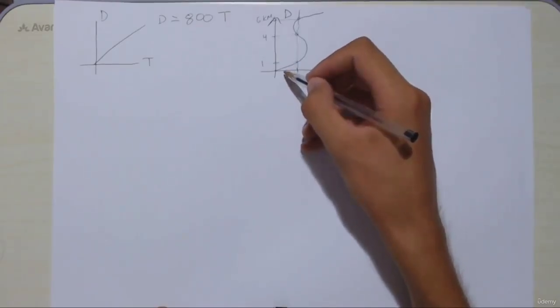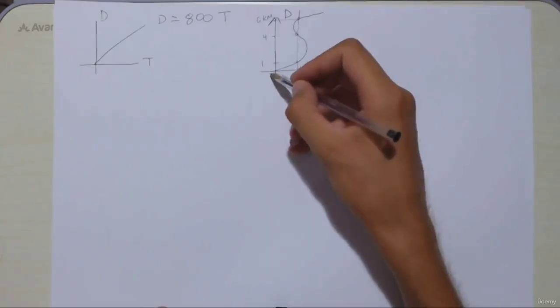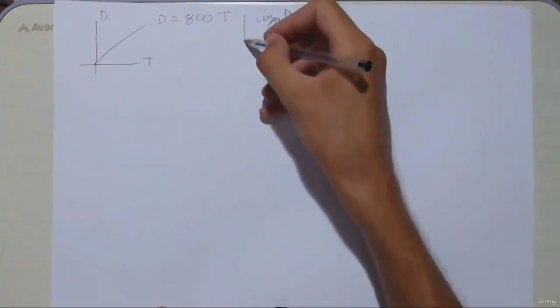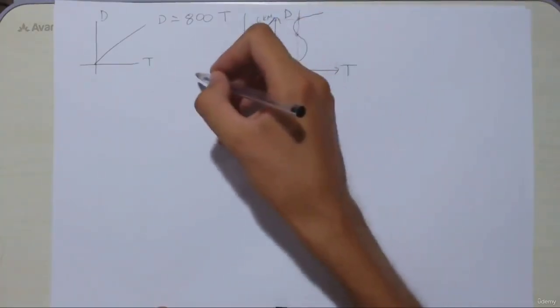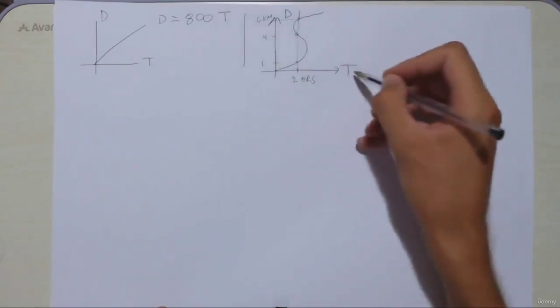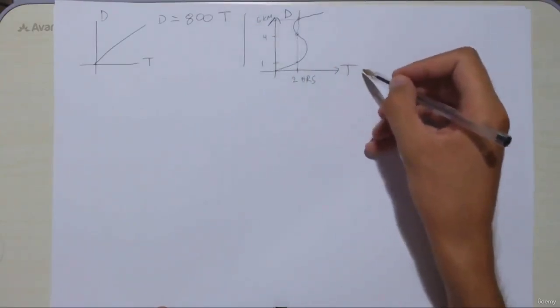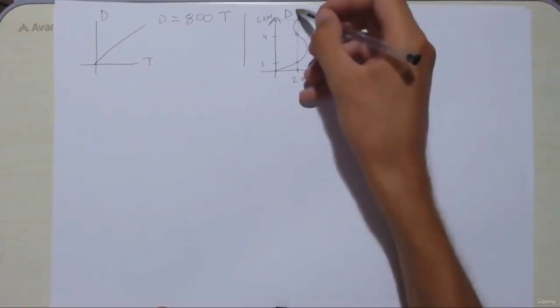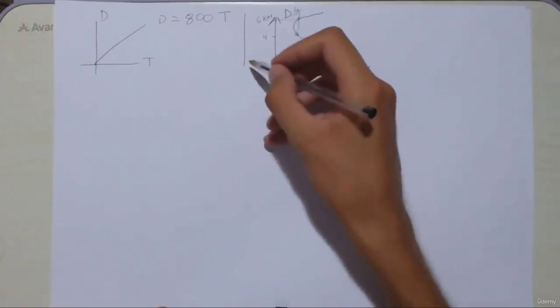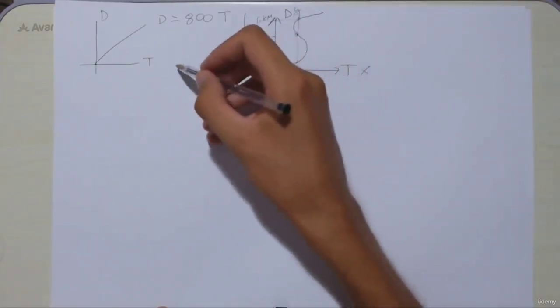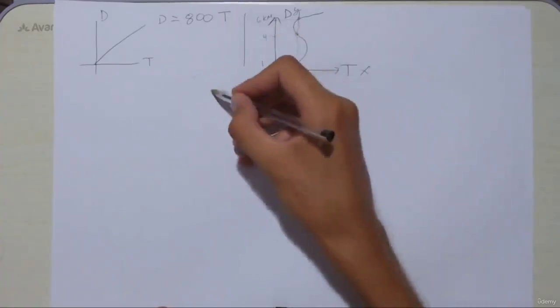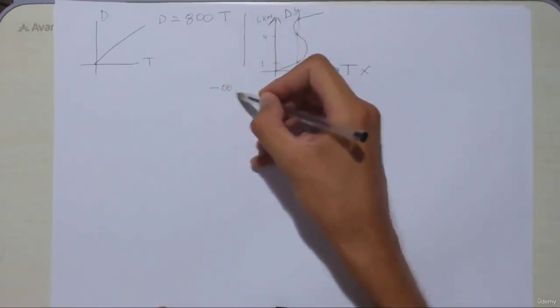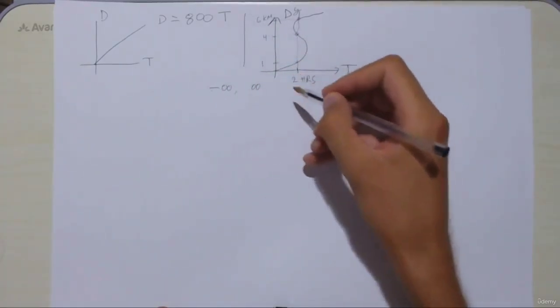There's something called a vertical line test, which means that you take a vertical line and you go over all the axes. So in this case it's t, but let's say in general it's x. We have x here and we have y here. And then you take this vertical line and you go over all the axes from minus infinity to infinity.